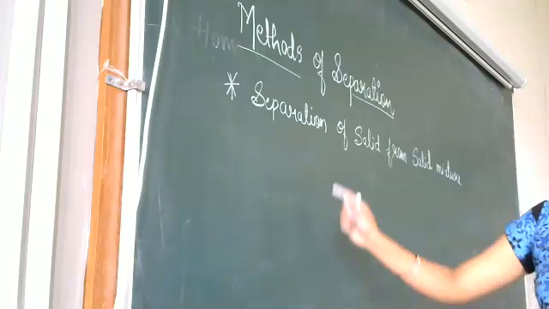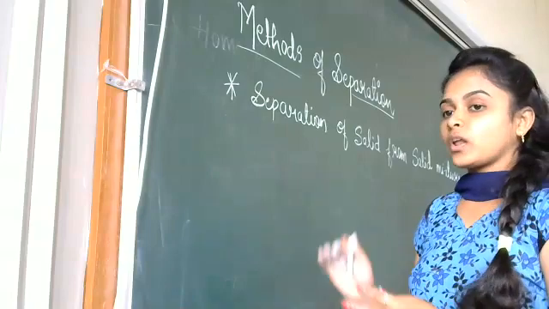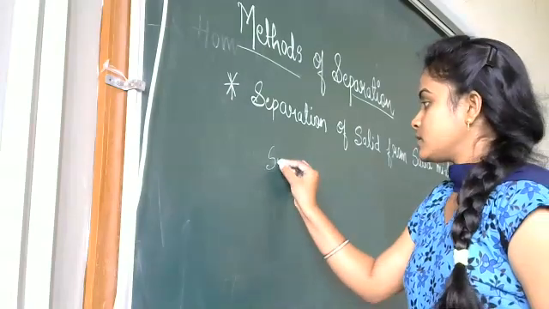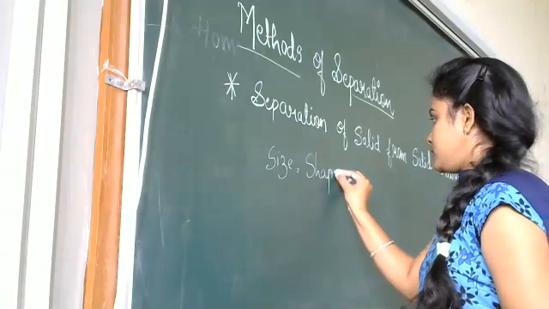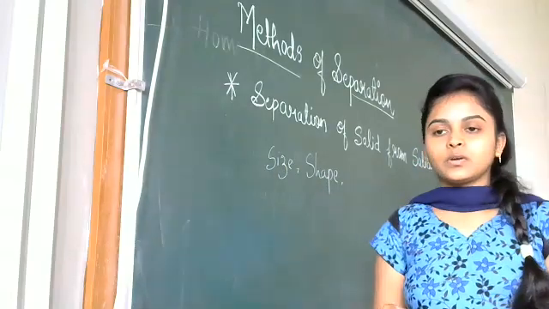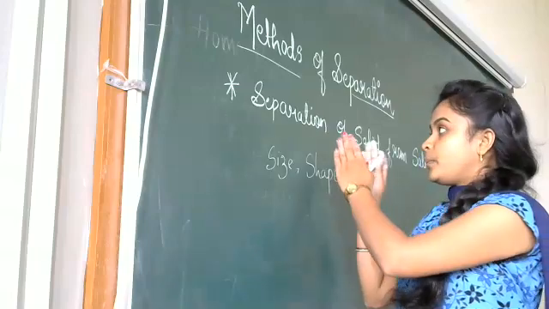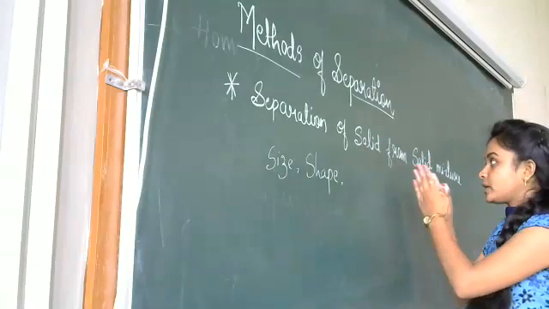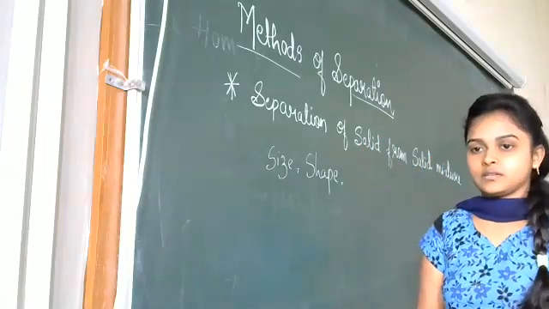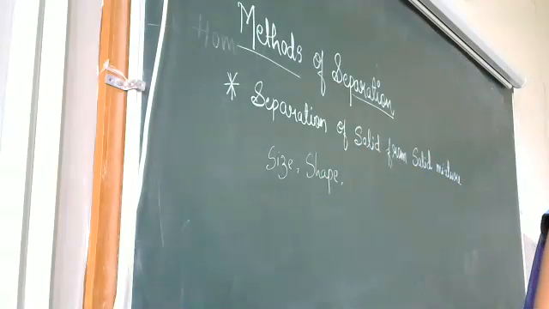This method can be used to separate solid from solid mixture depending on its size, shape, right? So you can see the size, shape or dimension of that particular solid impurity which is to be separated from the solid mixture. Under this again we have three methods.